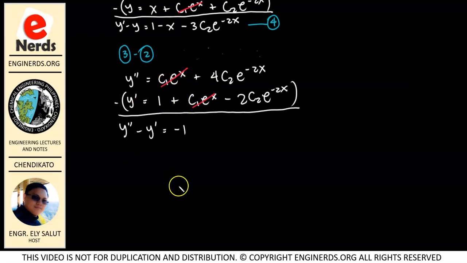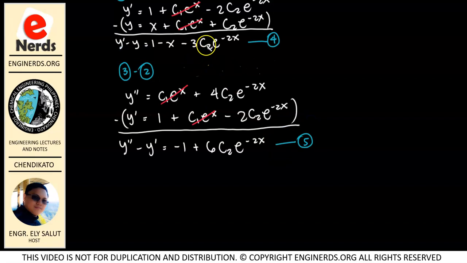So, meron na lang tayo dito is 4 c2 e to the negative 2x minus negative 2 c2 e to the negative 2x. So, this is minus negative, so it will be 4 plus 2, no? So, we will have plus 6 c2 e to the negative 2x. Okay, so now let us name this as equation number 5.